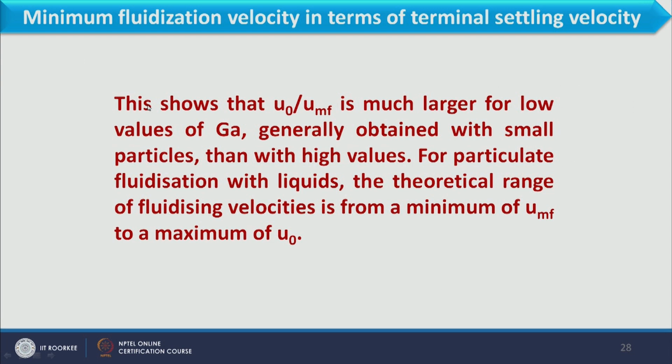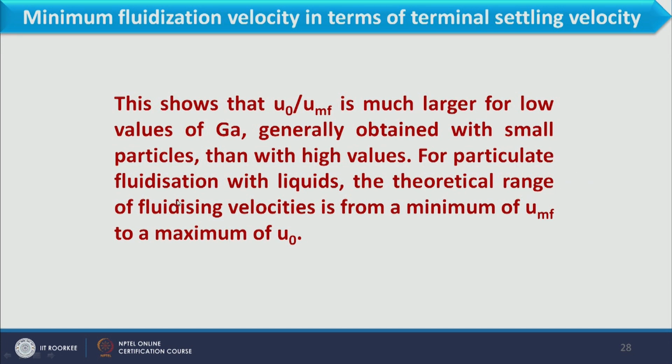Therefore, U naught by UMF is much larger for lower values of Galileo number, generally obtained for a small particle, than with high values. So for a smaller particle, the ratio of U naught and UMF is larger in comparison to a large particle.